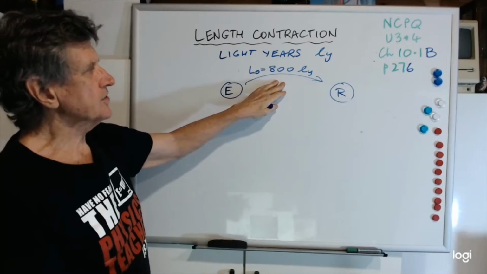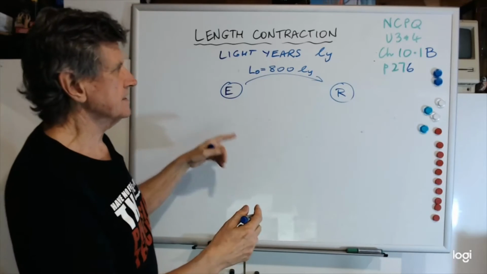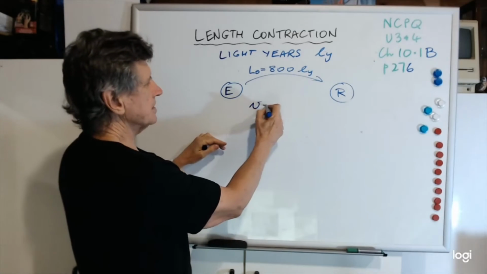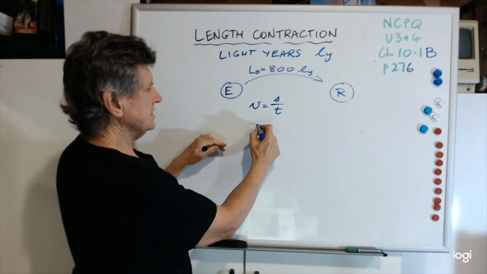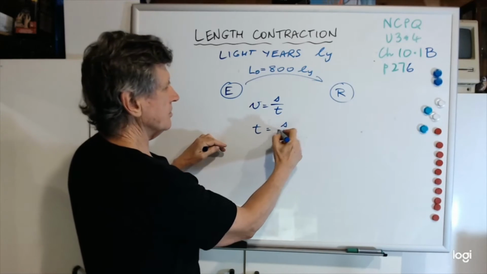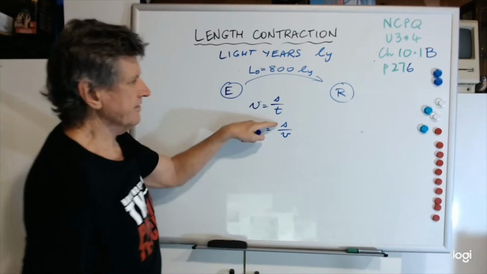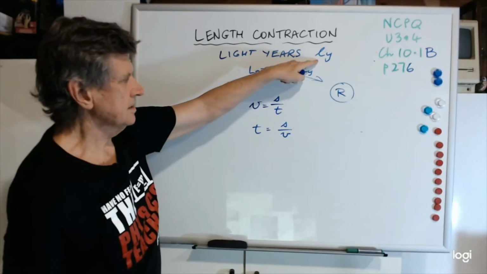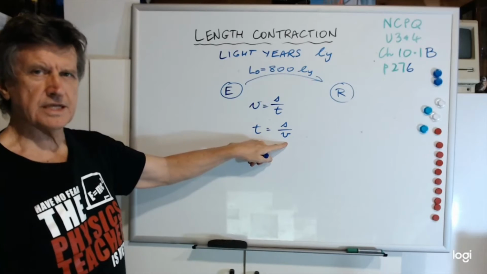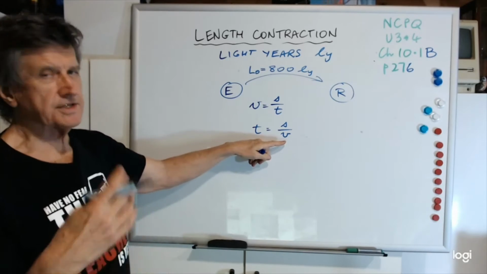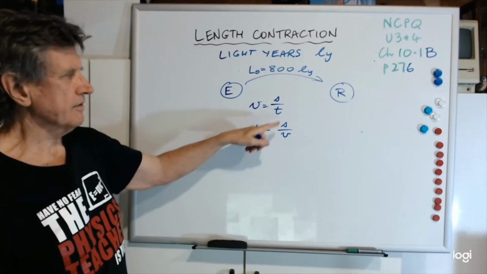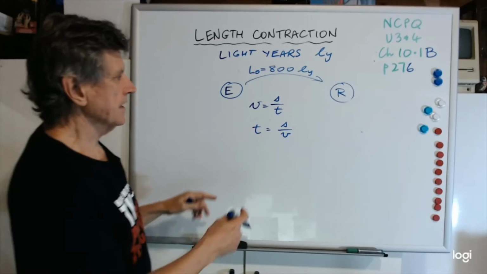Now, the question is, if you're going at 0.5 c, you know the formulas are V is S on T, so T equals S on V. Now, if S is in light years and V is in units of c, you've got things that don't seem to match up. Let's have a look.